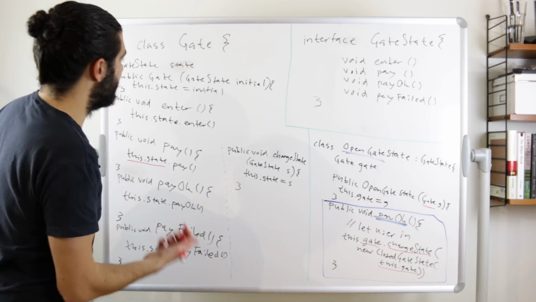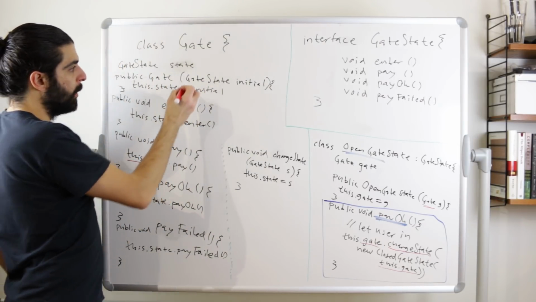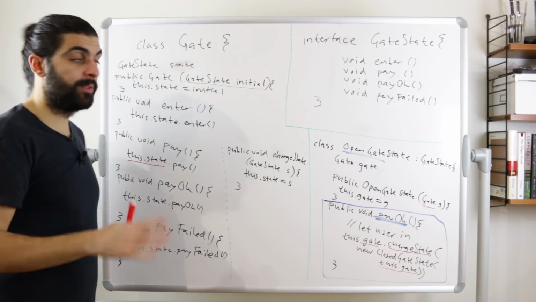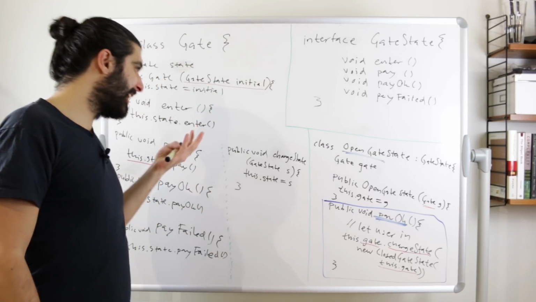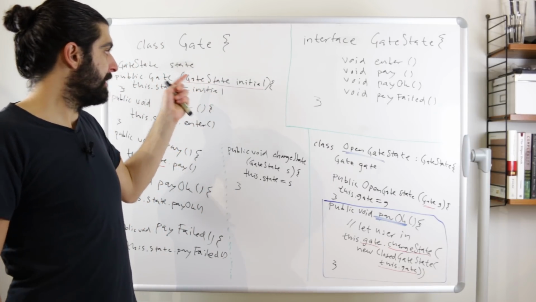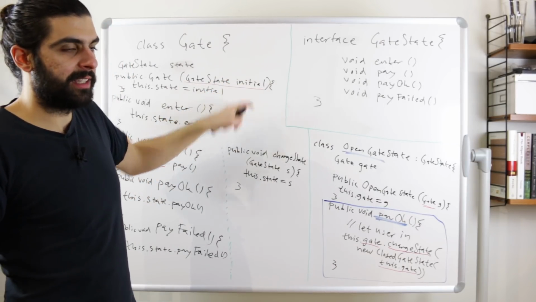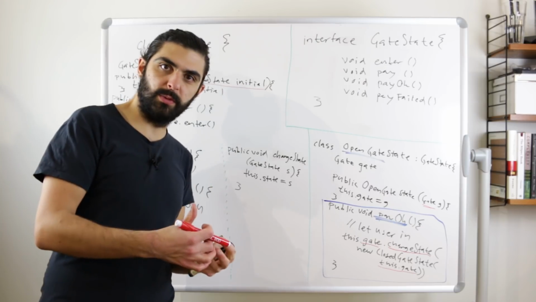The problem here is that we previously made the assumption that the class gate will have an initial gate state passed into it rather than instantiating it itself. So we can't really dependency inject the initial gate state, if this initial gate state is supposed to have a reference to the thing that we are injecting it into.